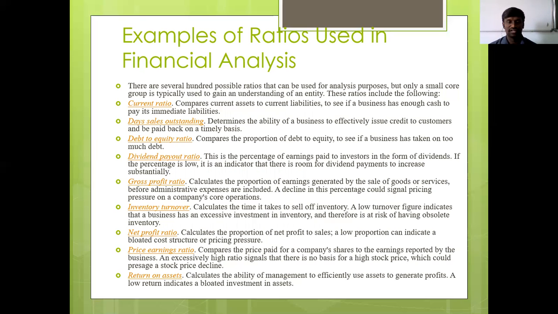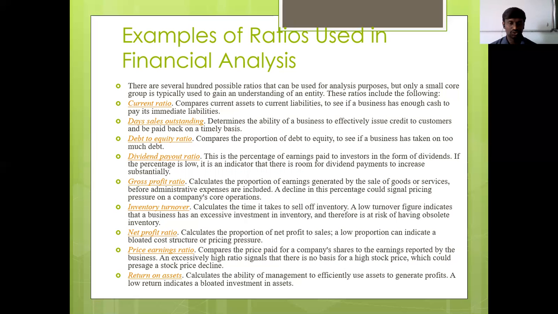A low turnover figure indicates that a business has an excessive investment in inventory and is at risk of having obsolete inventory. The net profit ratio calculates the proportion of net profit to sales. A low proportion can indicate a bloated cost structure or pricing pressure.